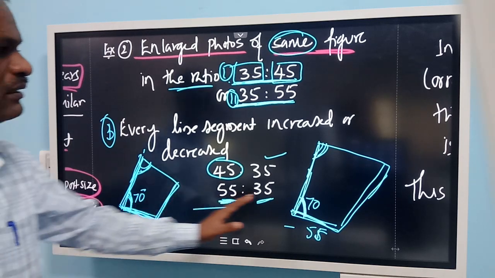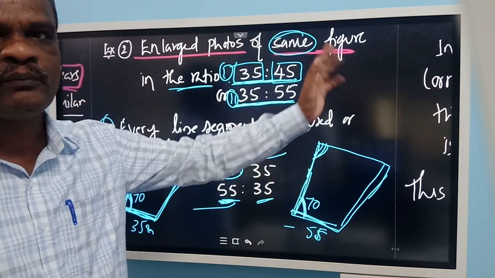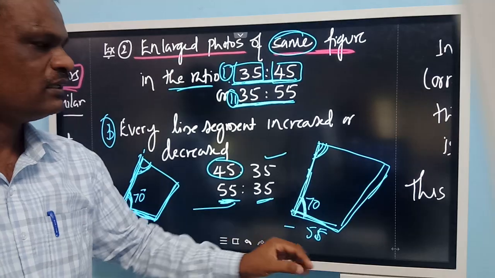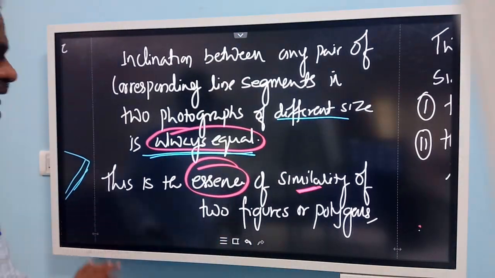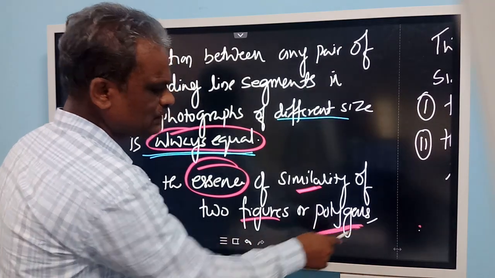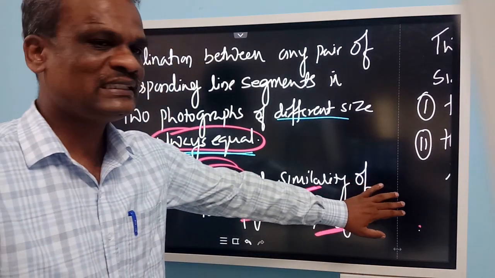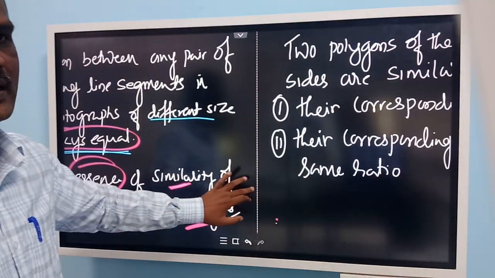This is 70 degree, enlarge it, remains 70 degree. Even if you enlarge it, remains 70 degree. So that is the important essence used here in the similarity of the two figures. Whether it is two figures or two polygons, angle remains same. This is a core idea in the similarity of figures.